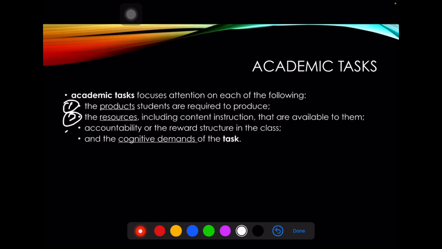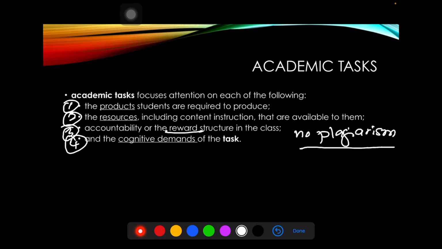And then number 3, accountability or the reward structure in the class. Accountability here is no plagiarism. If you are caught plagiarizing, then yes, there will be a penalty. The reward would be that if you don't plagiarize and your report writing is good, then you get high scores. And then number 4, cognitive demands of the task.